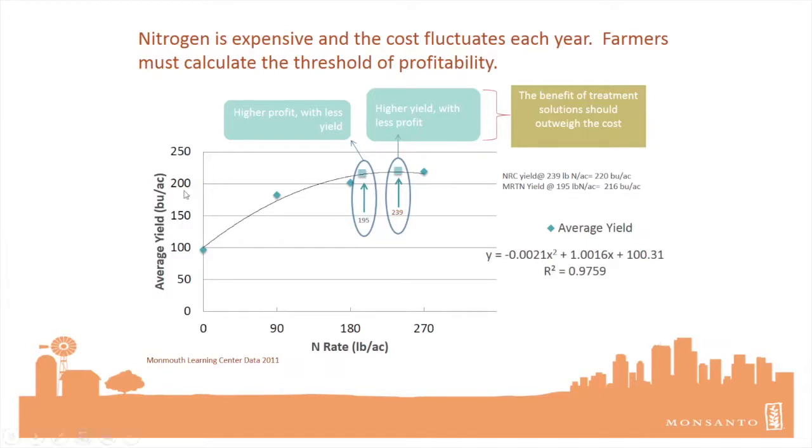So this isn't a year by year curve either. We don't know where these lines are going to peak out at on any given year based on the environment. And that's what makes the nitrogen cycle so complex on what we're going to choose to do throughout the season.